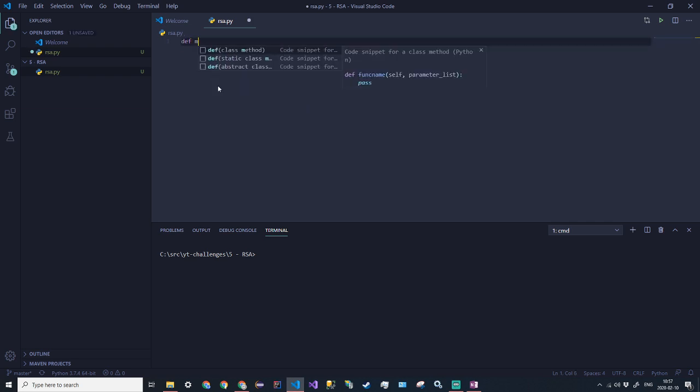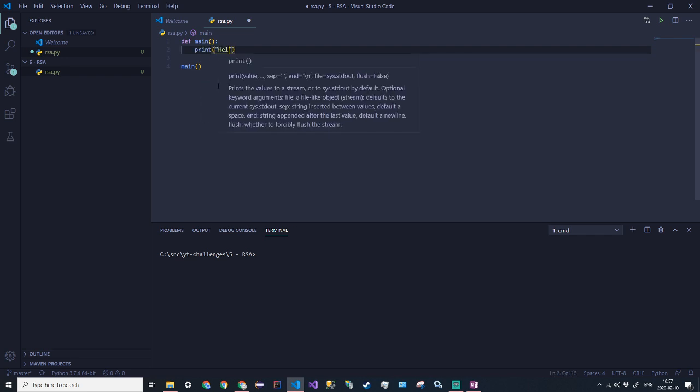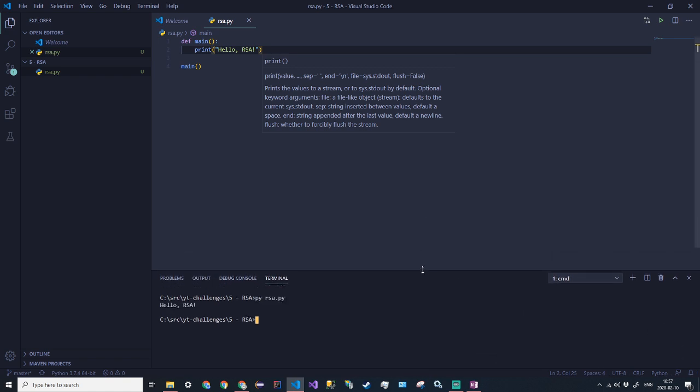So def main takes nothing, and then we'll just call main. Let's just go ahead and print out hello RSA, just to make sure everything works. All works there.